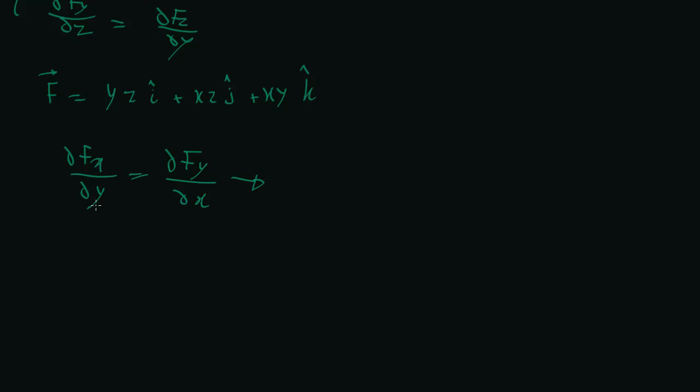Here the derivative of the first component with respect to y is z. We don't know if this is true or not. Let's calculate the second derivative, the derivative of the second component with respect to x. That is also equal to z. So z is equal to z. The first condition is true. Let's proceed to the second condition.